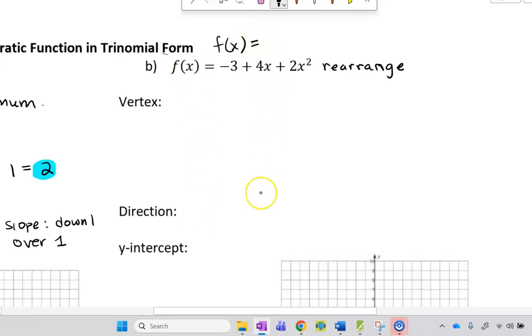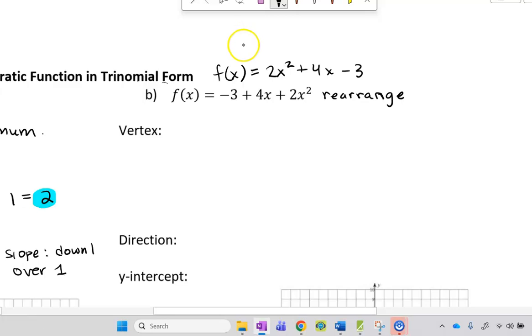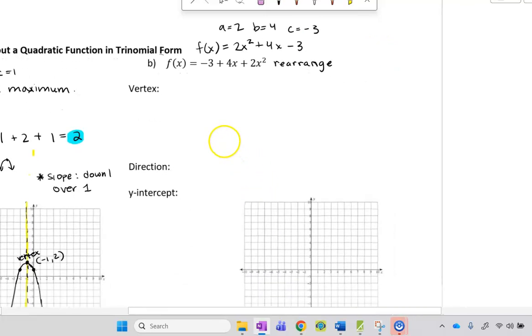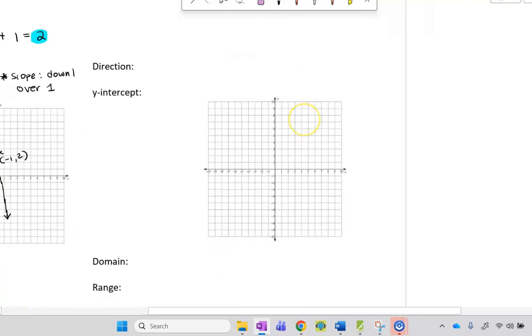Because if you don't have it rearranged correctly, you're going to do the whole thing incorrectly. So I'm going to go ahead and put 2x squared first, +4x next, and end with -3. This is the order we want to use. A is 2, B is 4, and C is -3. And you're going to use that to find all of these key features and graph it.